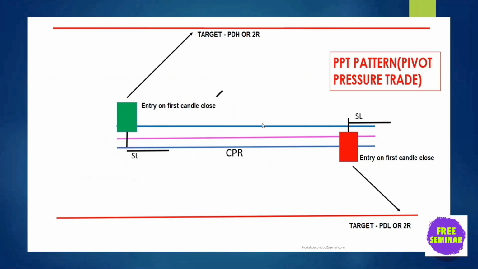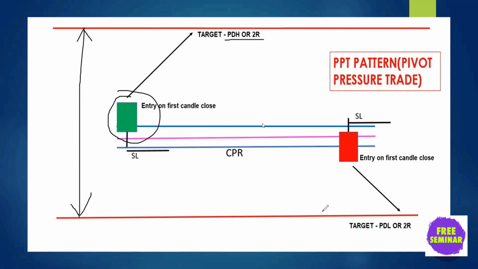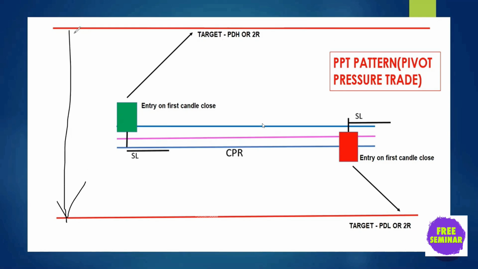But the only difference is in the OD pattern I said the first candle has to be above the previous day high or below the previous day low. But in this pattern, the first candle will be inside the previous day range, that means between the previous day high and previous day low. So in this pattern, inside the previous day range. In the OD pattern, outside the previous day range.